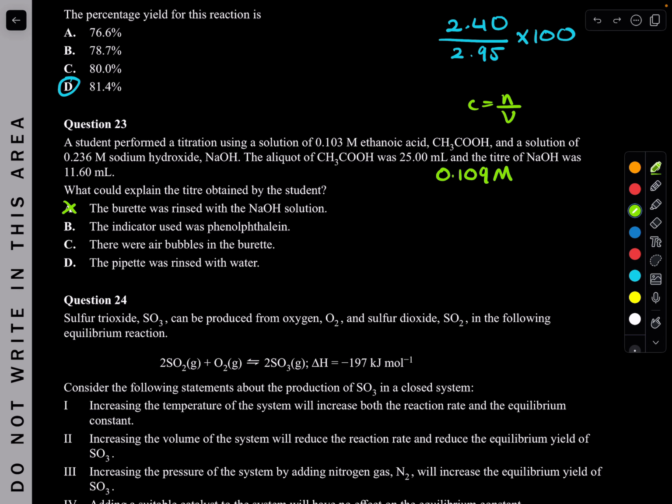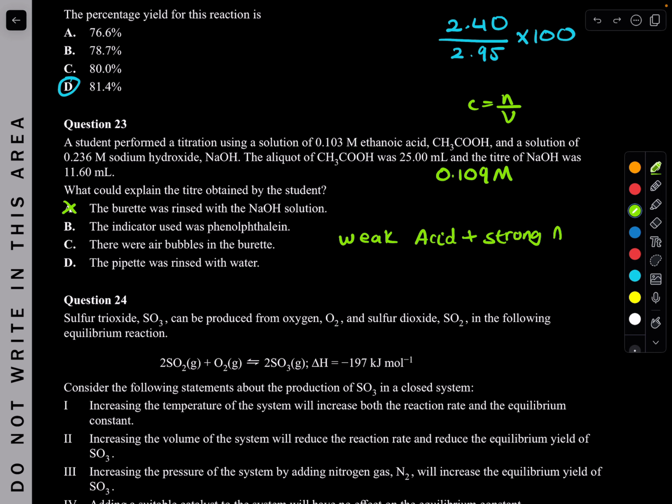The indicator used was phenolphthalein, I can't even say it, but alright. To determine what indicator we should use, let's think about it. We have a weak acid, because we know ethanoic acid is a weak acid, and we are reacting it with a strong base, which is our sodium hydroxide.